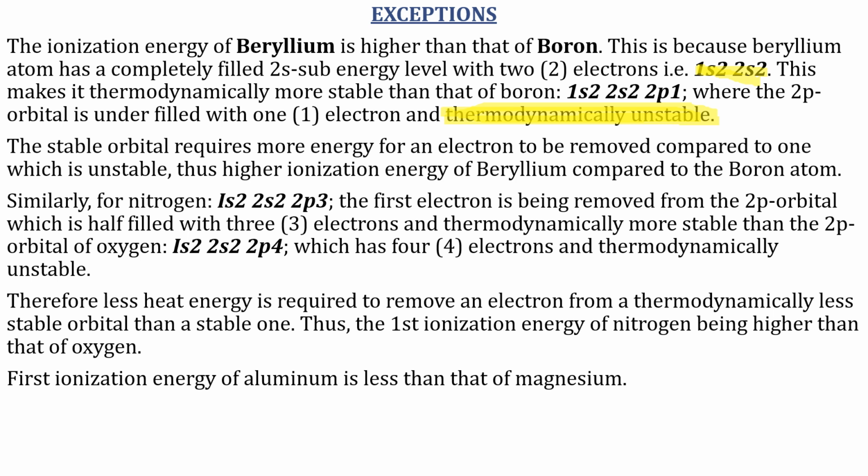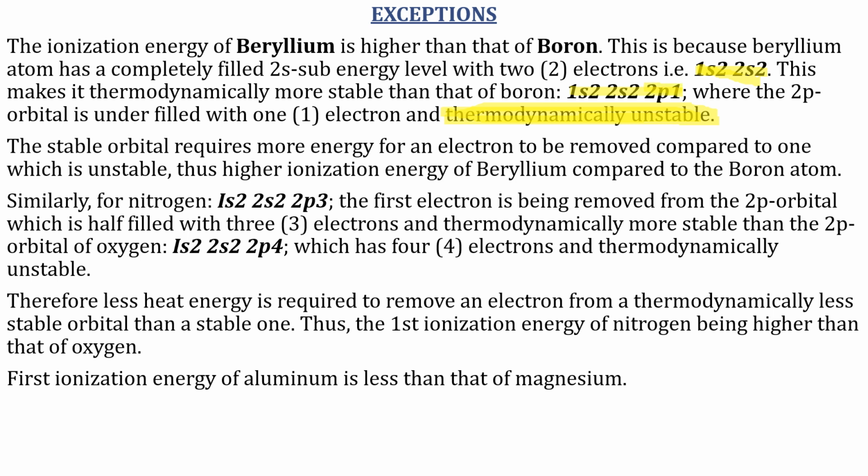Whereas boron has the configuration of this. That means that boron is having only 1 electron in the 2p sub-energy level. Now note that we don't call this partially filled.